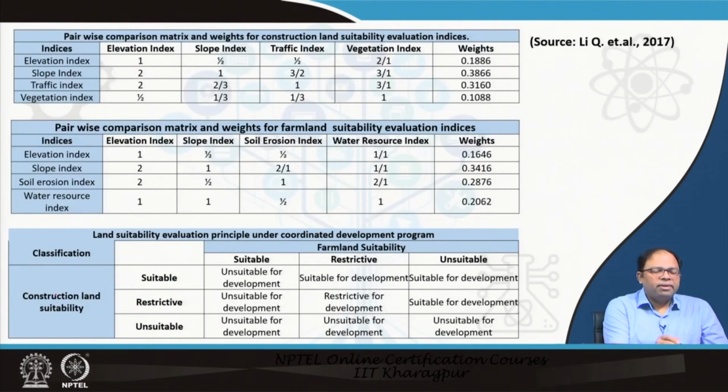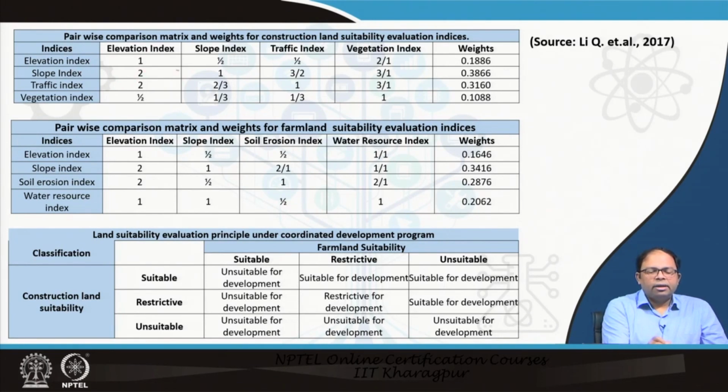Over here you can see we have elevation index, slope index, traffic index, vegetation index, like in the previous study that we were studying earlier, and also written at the top. Elevation index against elevation index is of course 1 because they are of equal value. Elevation index compared to slope index is 1 by 2, that means slope is better. When we take slope index by elevation index, it is 2, that is 2 times.